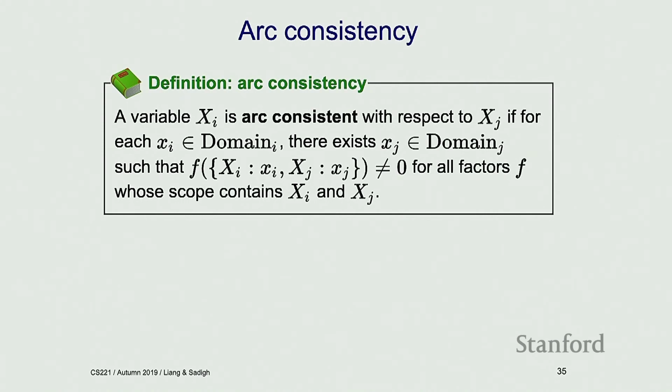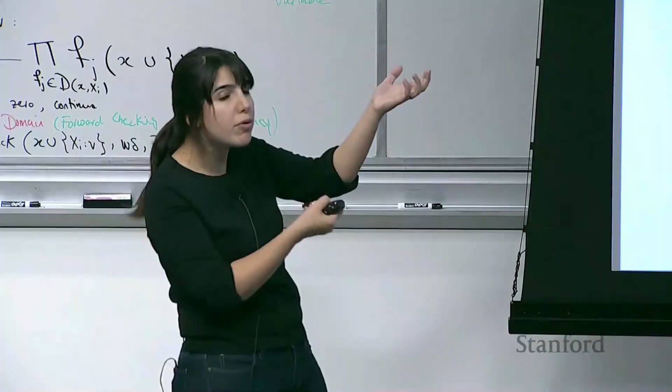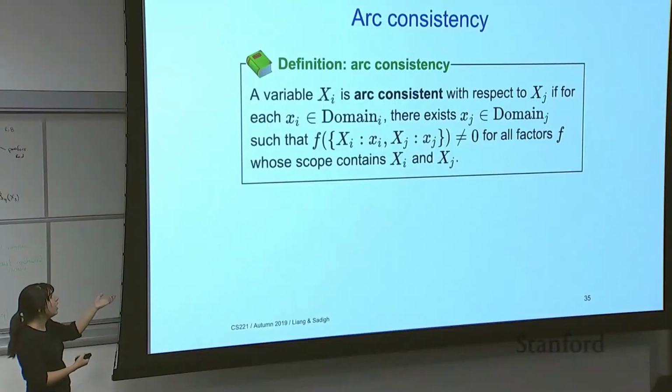Basically, it's ensuring that everything is consistent. If you have inconsistencies, remove things from the domain of xi. Arc consistency ensures that if there are any inconsistencies between two variables xi and xj, it starts from xi and tries to remove values from the domain of xi to make sure that all factors are not equal to 0.